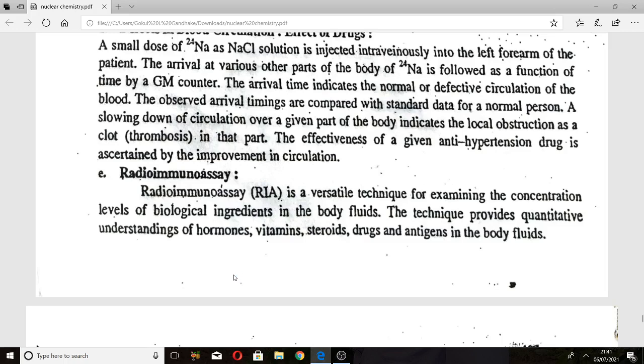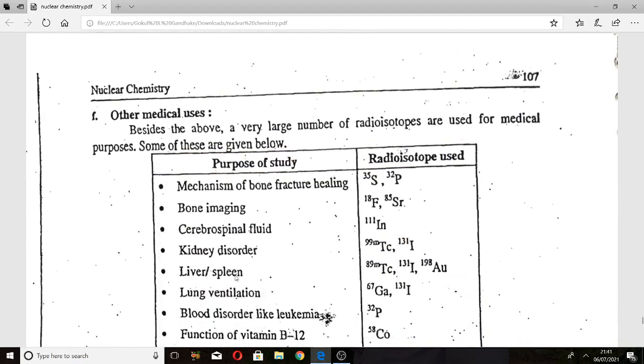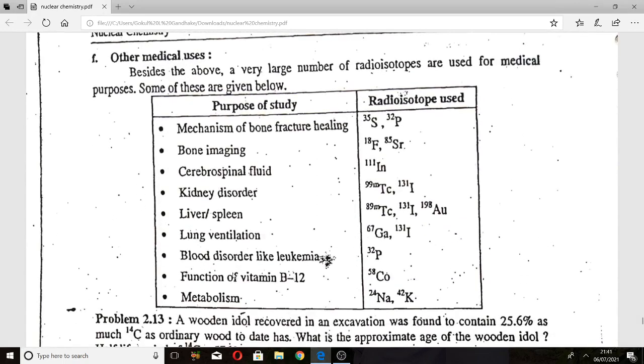Let me see some other medical uses for radioisotopes. Here we can see the number of radioisotopes we can use to study different medical uses. First we see the purpose of study, and then which radioisotope is used for this study.